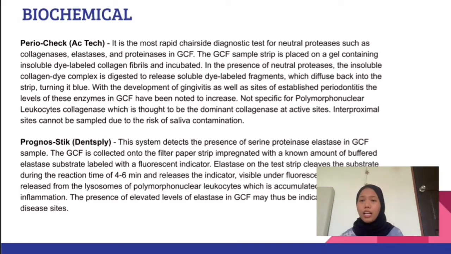Elastase on the test strip cleaves the substrate during the reaction of about 4 to 6 minutes and releases the indicator, which is visible under fluorescent light. Elastase is accumulated at the sites of gingival inflammation.